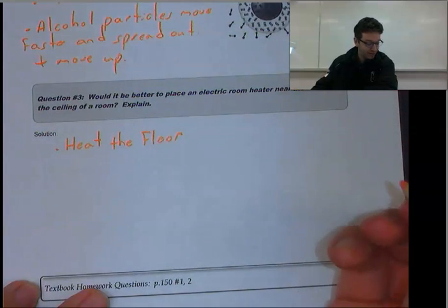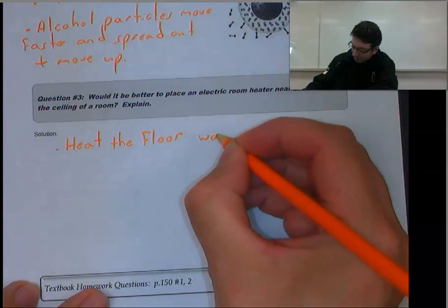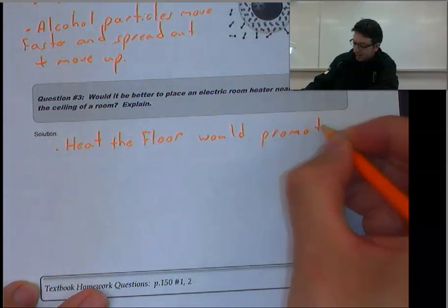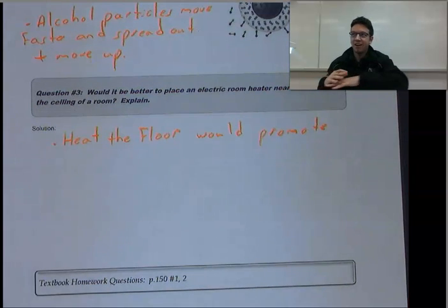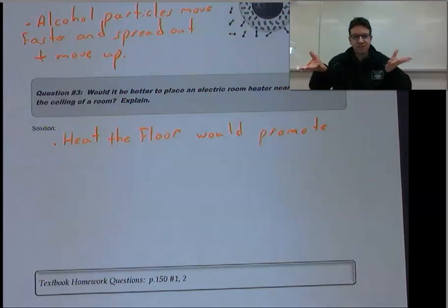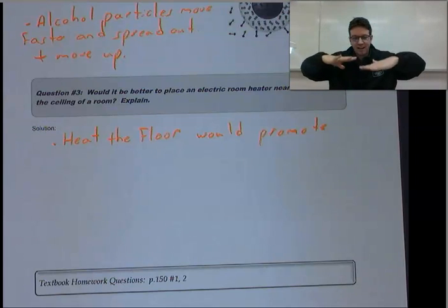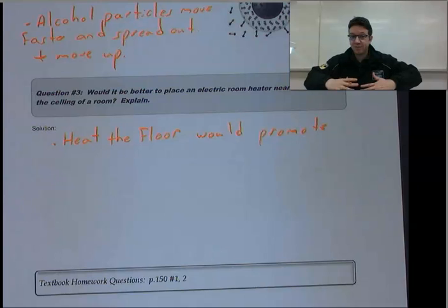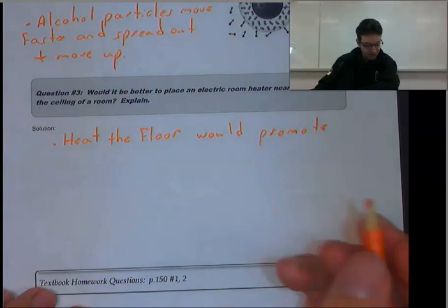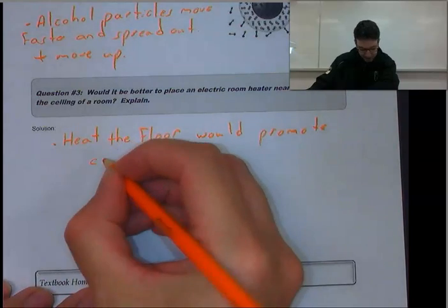So if we heat the floor, we promote those convection currents, meaning the air in the lower part of the room warms up, gets less dense, it goes up, pushes the cooler air down, which allows it to be heated by the heater, and those convection currents continue to go. Right? So we promote convection currents.